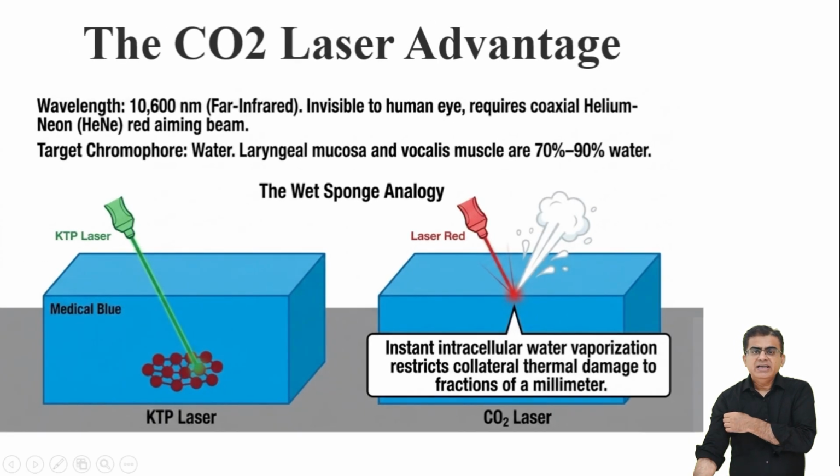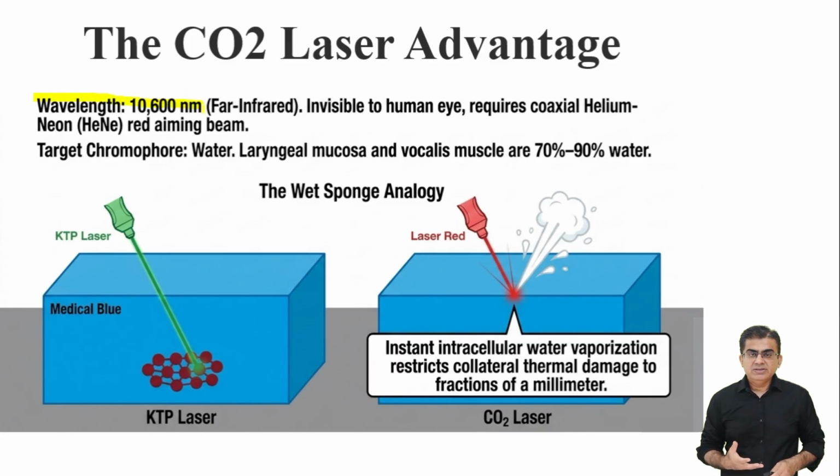Let us look specifically at the unique physical advantages of the carbon dioxide laser. As you can see at the top of the slide, this laser operates in the far infrared spectrum at exactly 10,600 nanometers. Because this specific wavelength is completely invisible to the human eye, it strictly requires a coaxial helium neon red emitting beam.